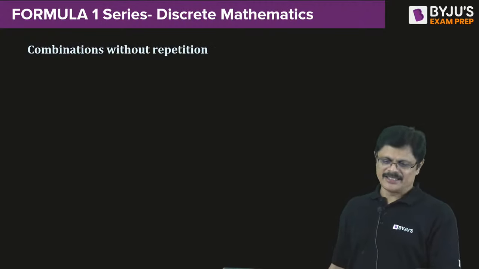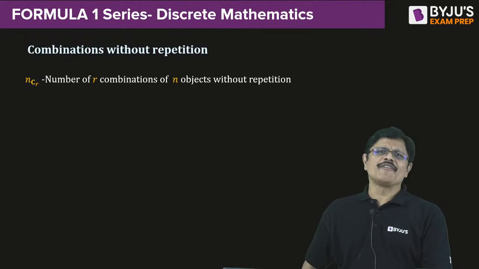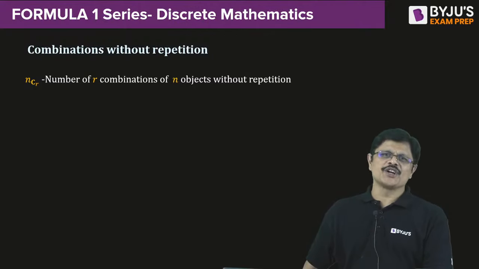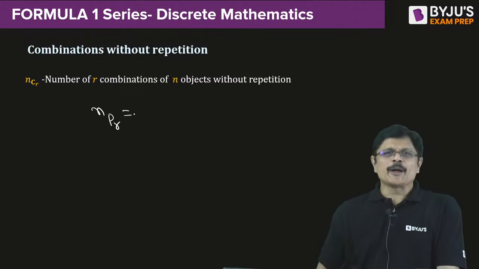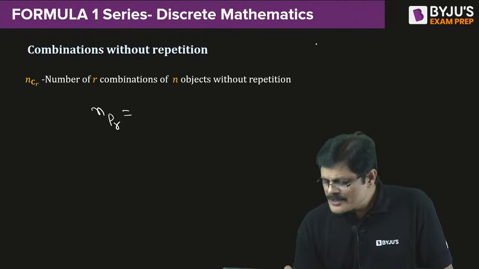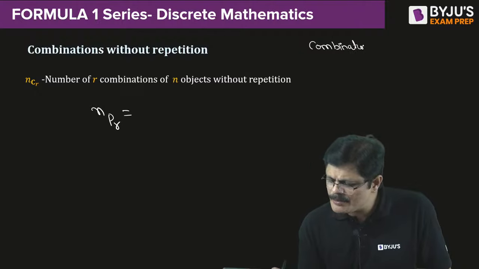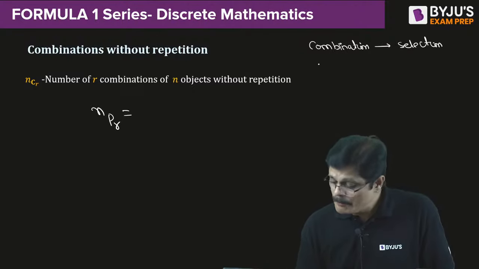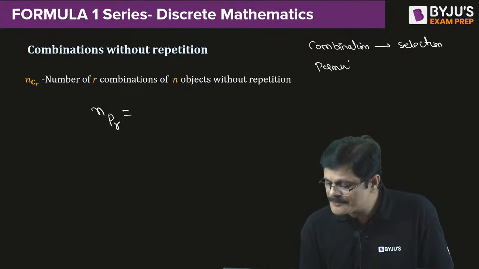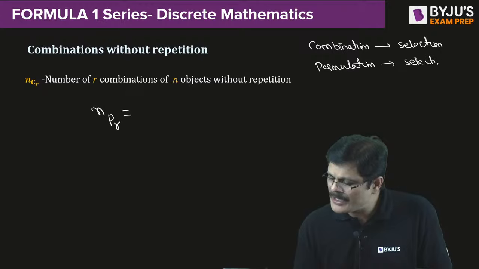Now, combinations without repetitions. R combination of n objects. See, actually, when you do nPr, permutation means what? Combination means selection. Permutation means selection followed by arrangement.